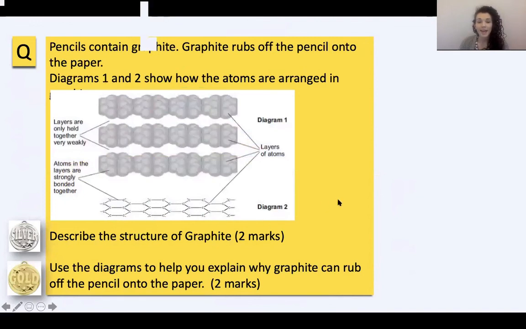So I would like you to describe the structure of graphite, and if you're feeling really confident, use the diagram to help you explain why graphite can rub off of the pencil onto the paper. So if you can pause your video now and have a go at answering those questions, please.